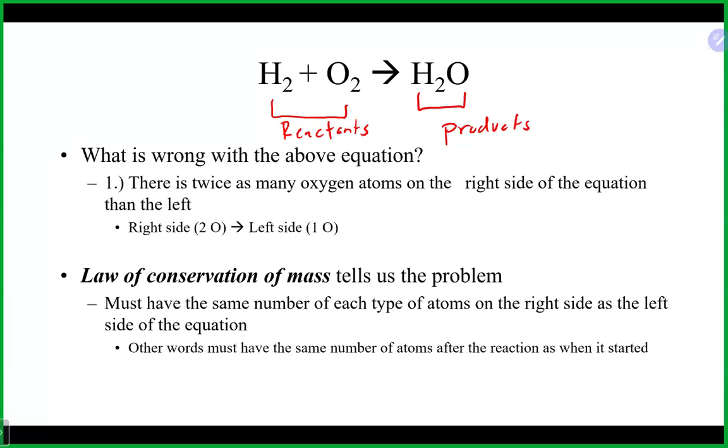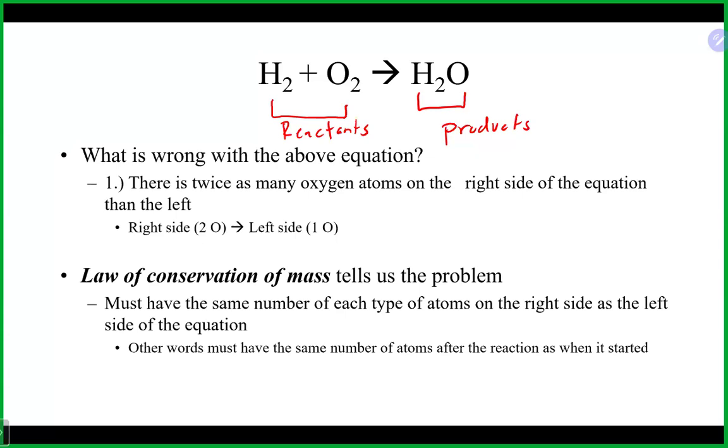And because chemical reactions only involve electrons, they never touch anything in the nucleus. We never lose elements along the way in a chemical reaction. So however many, for example, carbons we start with on the left-hand side, we should have the exact same number of carbons on the right-hand side. They may just be in different things, but we should never lose carbons along the way. We also should never gain extra elements along the way in a normal chemical reaction. Again, because it only involves breaking and making bonds, it has nothing to do with the nucleus, and because we don't change the protons, we never change the elements.